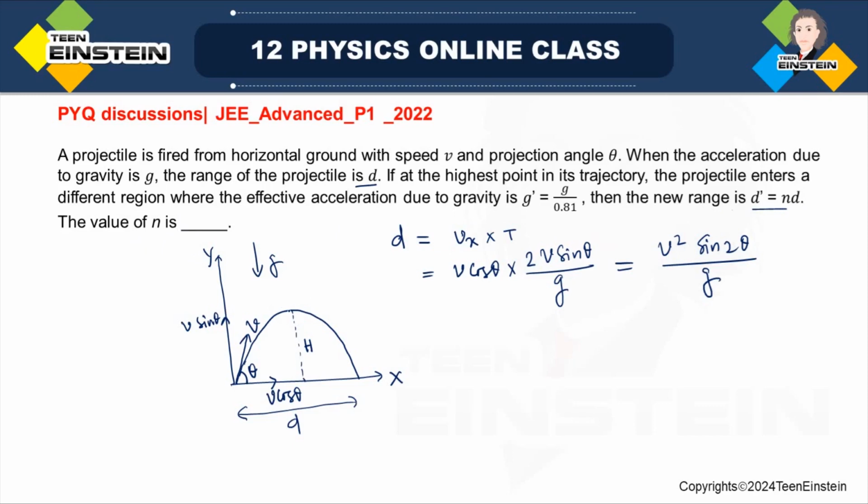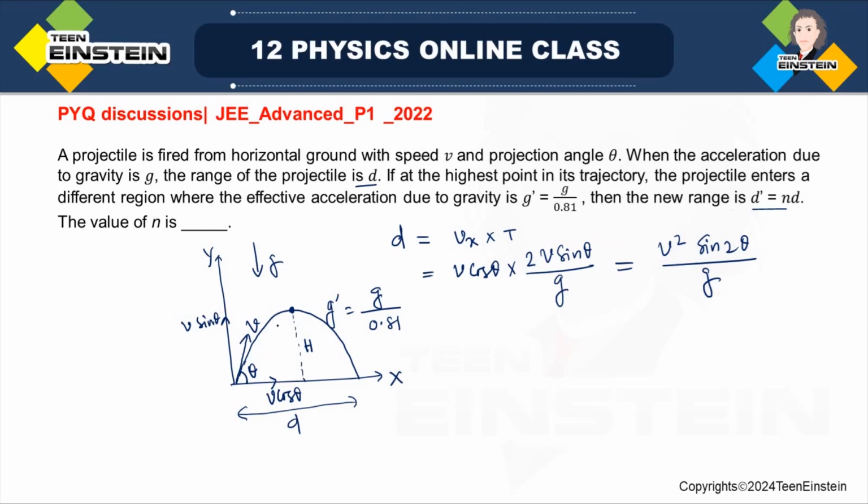So the problem says if suppose at this point it enters into a region where g is no longer g, that is g prime, and it is g by 0.81, then the range will be different, not this d, right?